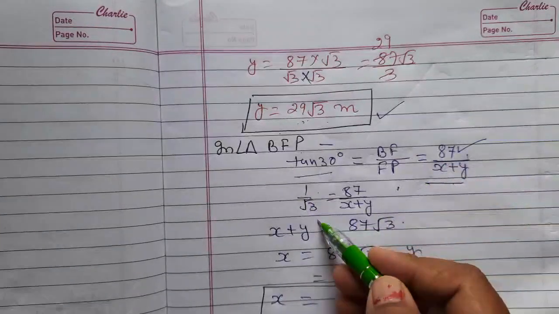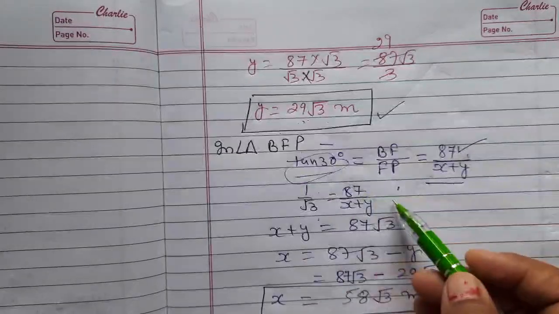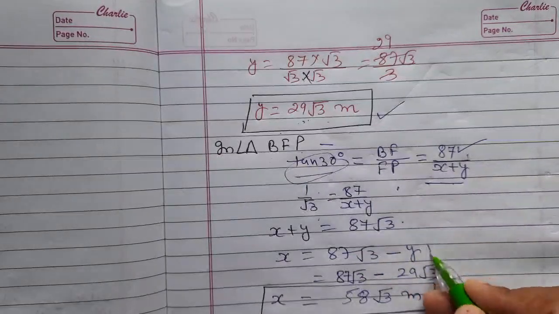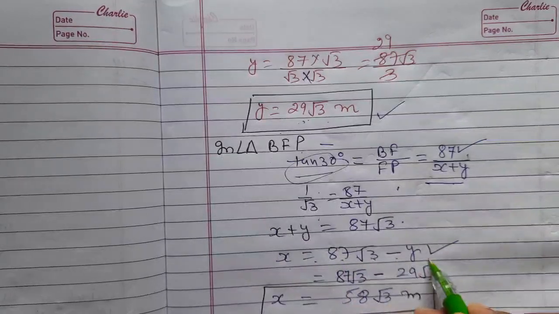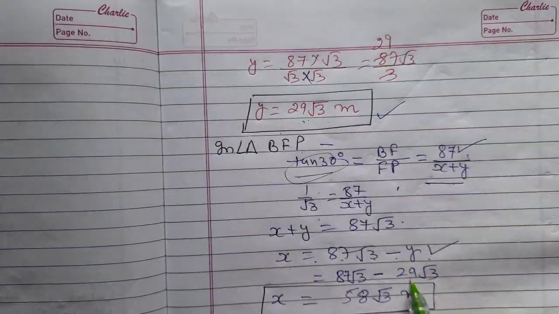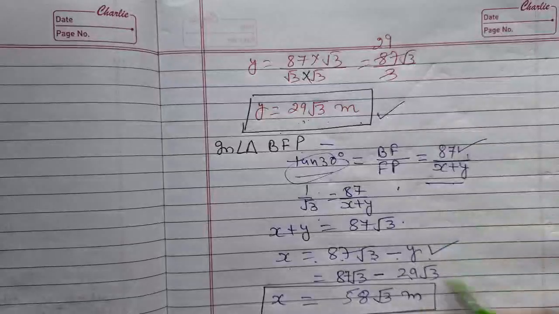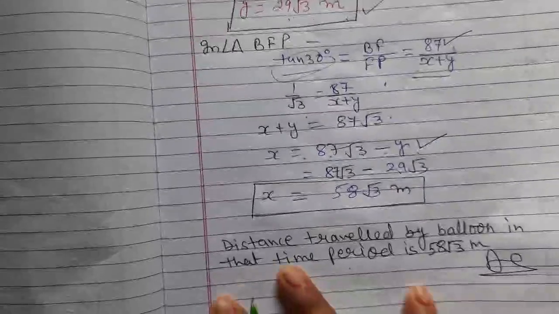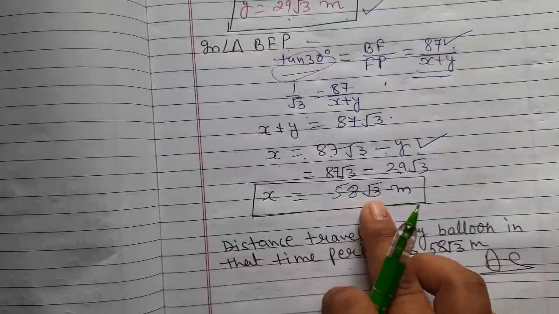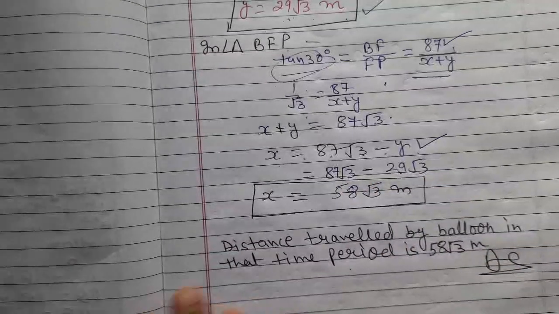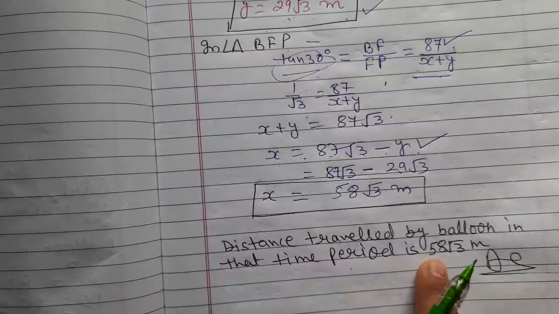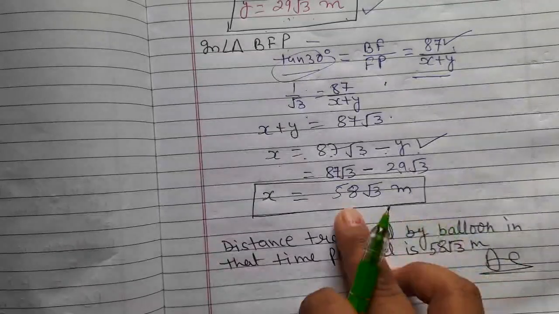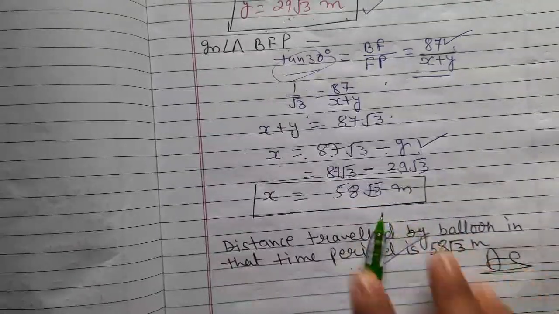So 1 upon root 3, the value of tan 30. After cross multiplying and simplification, I am getting x equal to 87 root 3 minus y. The value of y is 29 root 3. Putting it here, x equals 58 root 3 after subtracting. The distance traveled by the balloon in that time period is 58 root 3 meter. That's it.